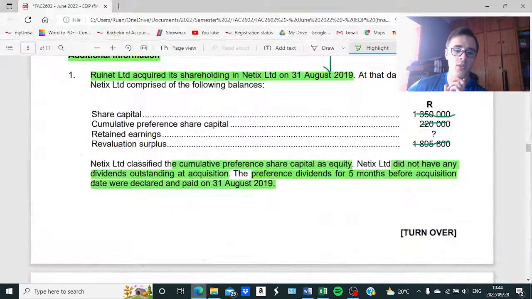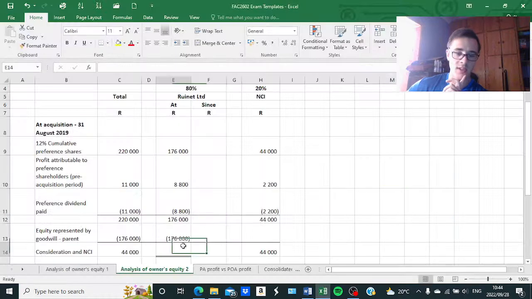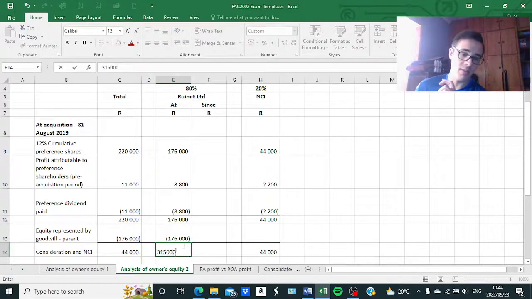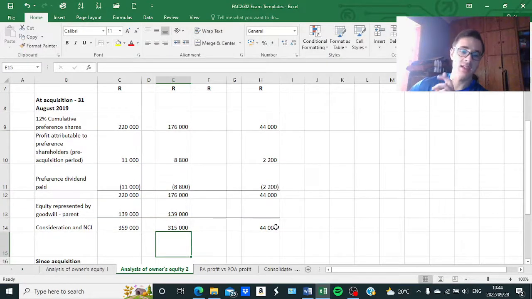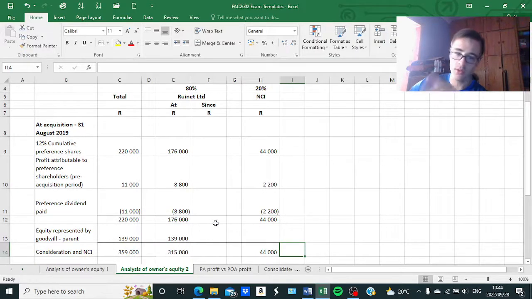That will be given in your trial balance as part of the investment in Netix Limited. For preference share capital, it was 315,000. You will enter that right here, because remember that goodwill is only paid by the parent. The NCI does not have a share in goodwill. It's fully attributable to the parent.